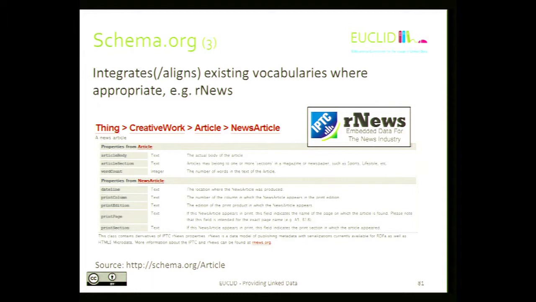RNews was about to launch when schema.org did launch. So instead of putting out a separate vocabulary, they worked with schema.org for a few months and integrated the top level, the abstract stuff, into schema.org. So you'll see creative work, and you'll see a lot of properties for that in the core schema.org vocabulary, and the rest of RNews sits as an extension.